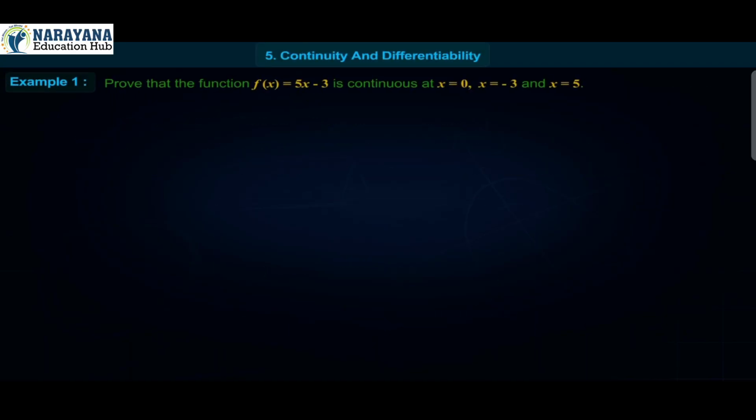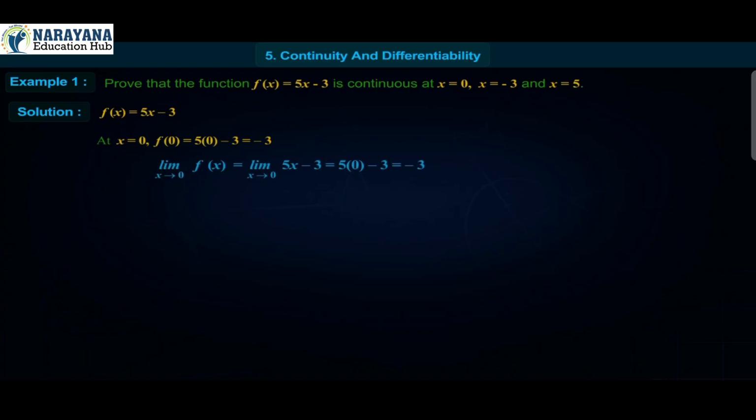Example 1. Prove that the function f of x equal to 5x minus 3 is continuous at x equal to 0, x equal to minus 3 and x equal to 5. Solution: f of x is equal to 5x minus 3. At x equal to 0, f of 0 is equal to 5 into 0 minus 3, which is minus 3.